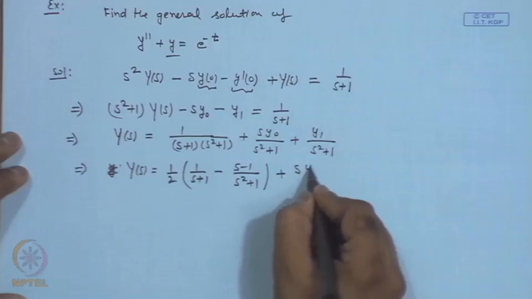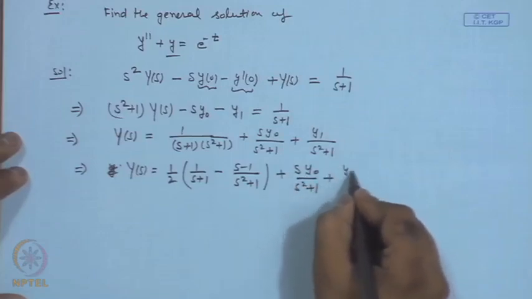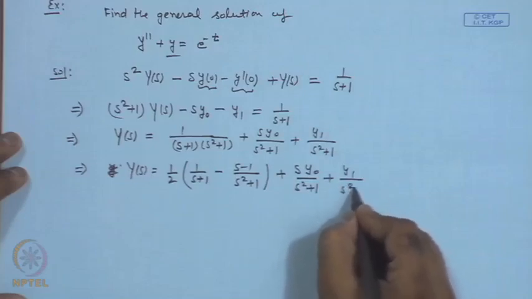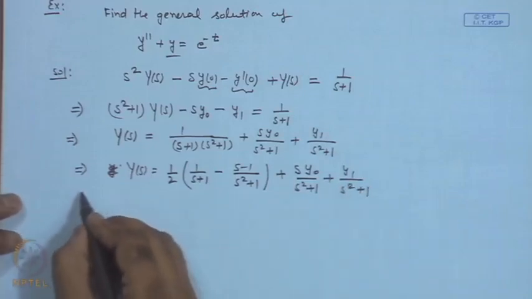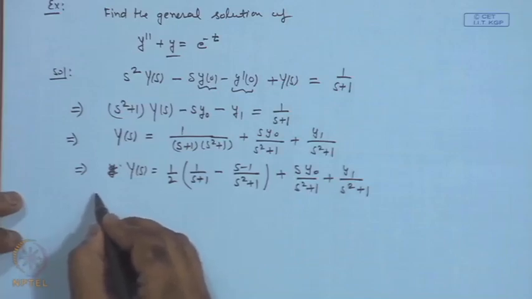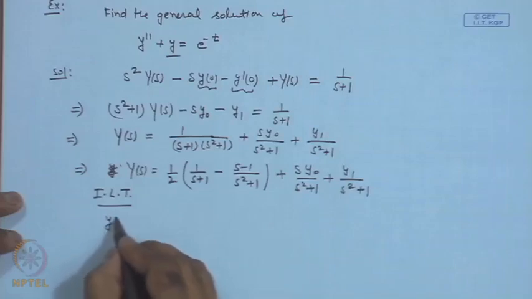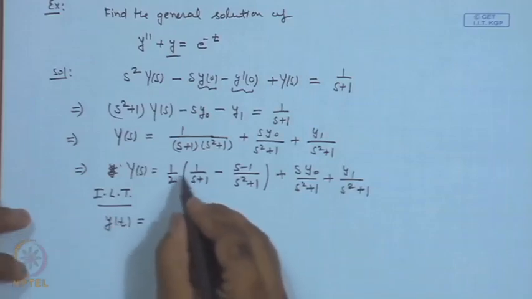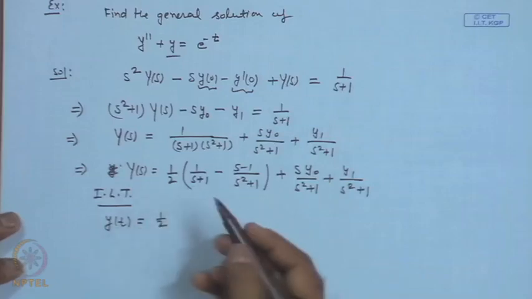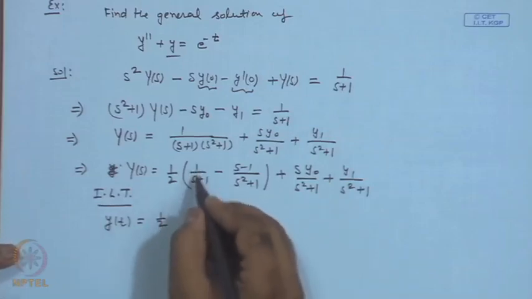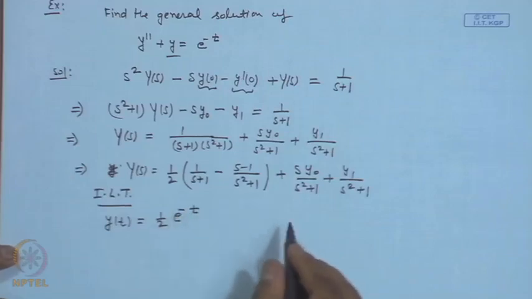Now, we can take the inverse Laplace transform, which gives us y(t), and this is 1 over 2 times the Laplace inverse of, by the linearity property we can apply here, 1 over s plus 1, that will be e power minus t.